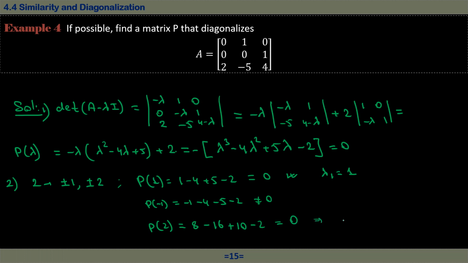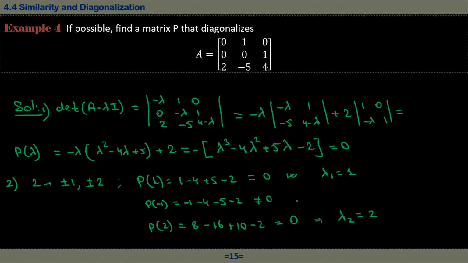That means that here we have another eigenvalue. Let's say that lambda 2 is equal to 2. And if it is minus 2, minus 8, so it is minus 10, minus 18. Okay, 4 minus 16, it will not be equal to 0.